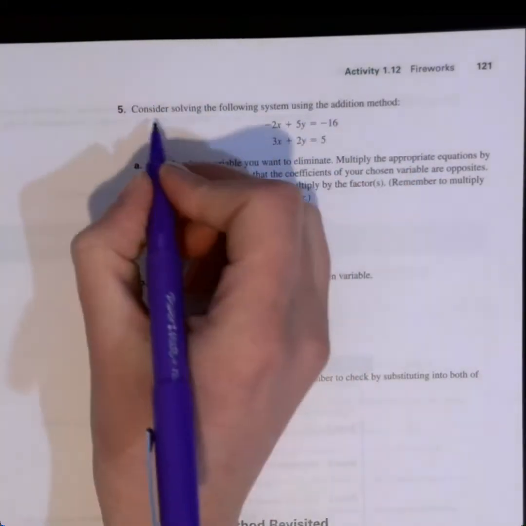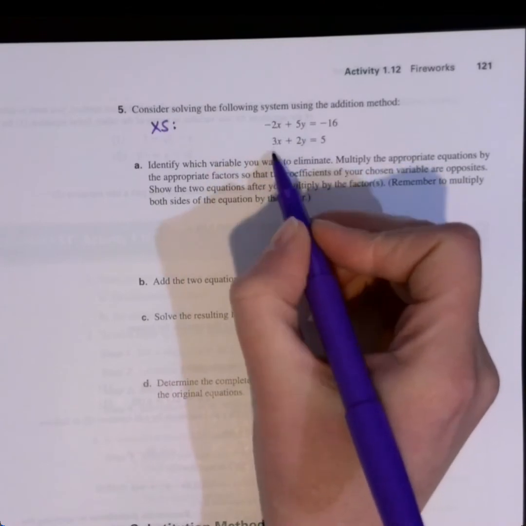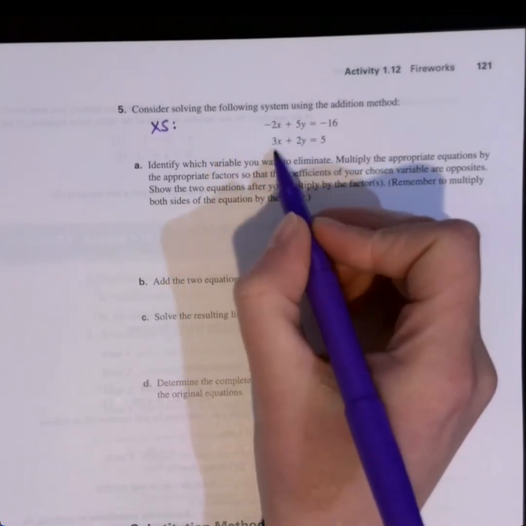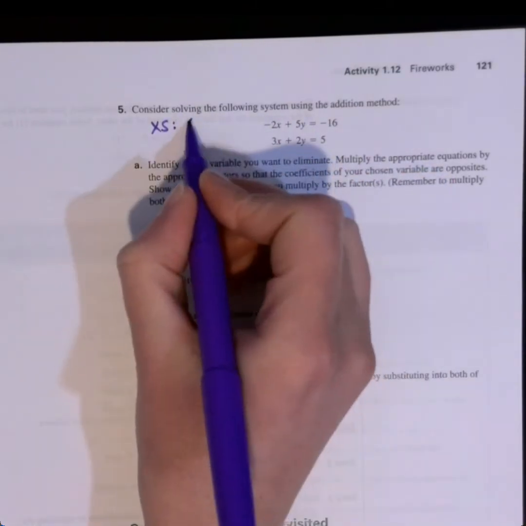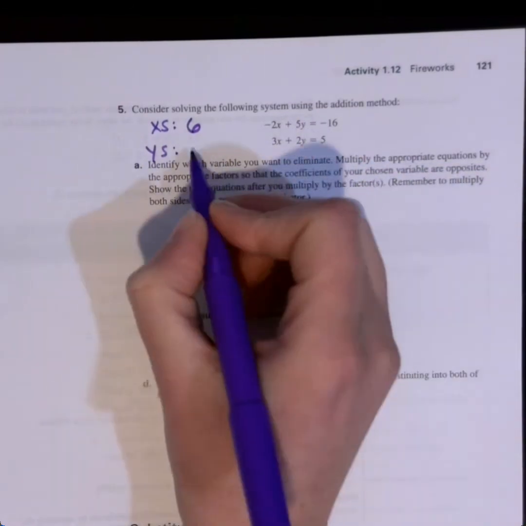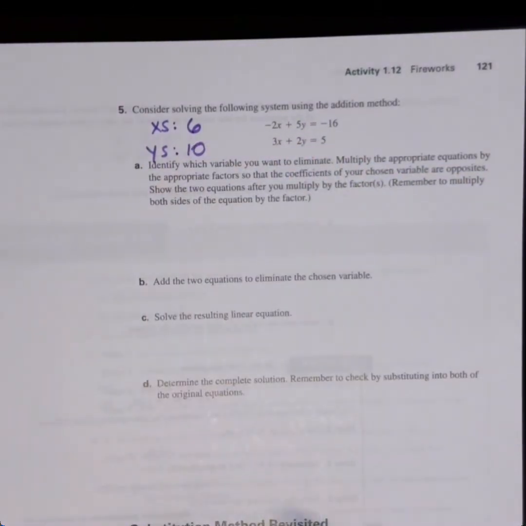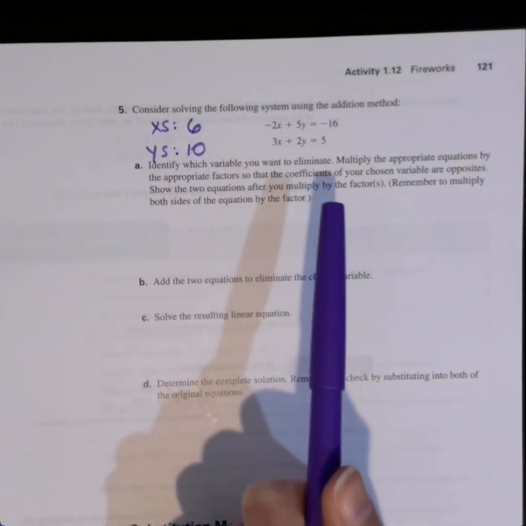So for the x's, I needed to multiply to make them both the same number. So I want to know what number 2 and 3 both go into. What's the smallest number that both 2 and 3 go into? So it's 6, right? And then for the y's, what's the smallest number that 2 and 5 go into? So that's 10. So I could work this through with getting the x's to both be 6s or the y's to both be 10s.